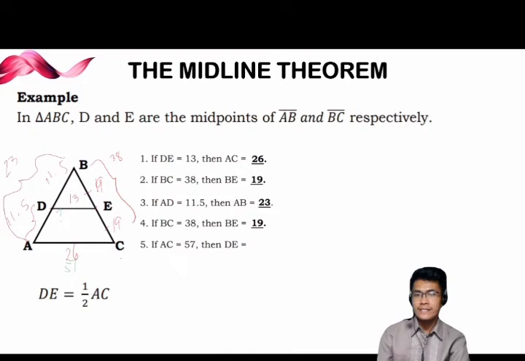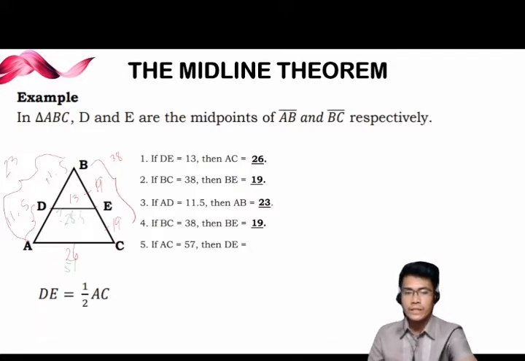Since the third side of the triangle measures 57, all we have to do is divide it by 2, or get the half of it. What is the half of 57? 57 divided by 2 is 28.5. Therefore, the measure of segment DE is 28.5.